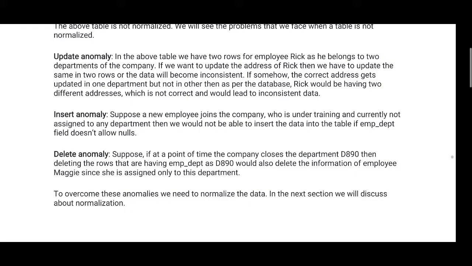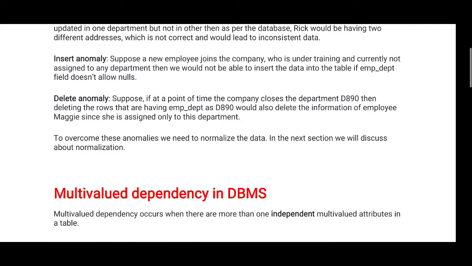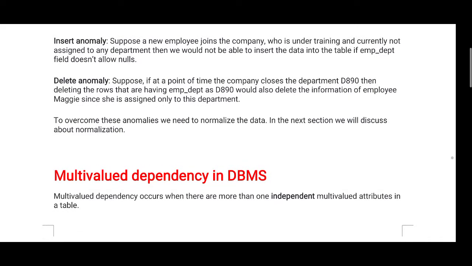If you want to insert him in the table, the value of the department is null, so he is not allowed to be inserted. Deleting anomaly: if you want to delete the department number, the whole department and employee details will be lost. This is deleting anomaly.